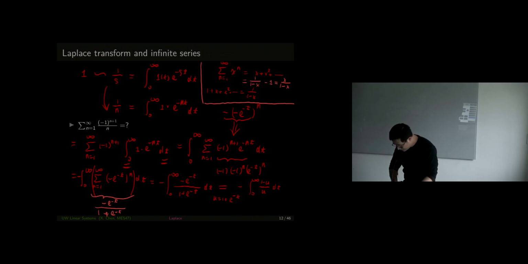And we know dt, so if u is 1 plus e to the negative t, we know that du/dt equals to negative e to the negative t, just from chain rule differentiation.